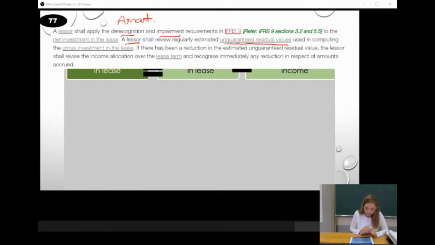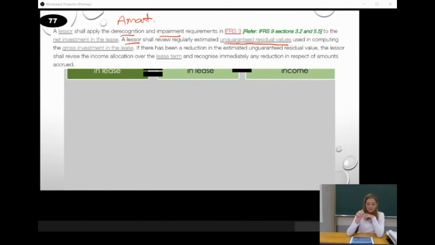So every year, like with all assets, we have to review what our residual value is going to be, and then if it's a lessor, what is the unguaranteed residual value? What is the portion of the residual value that's going to be higher than the residual value guarantee?